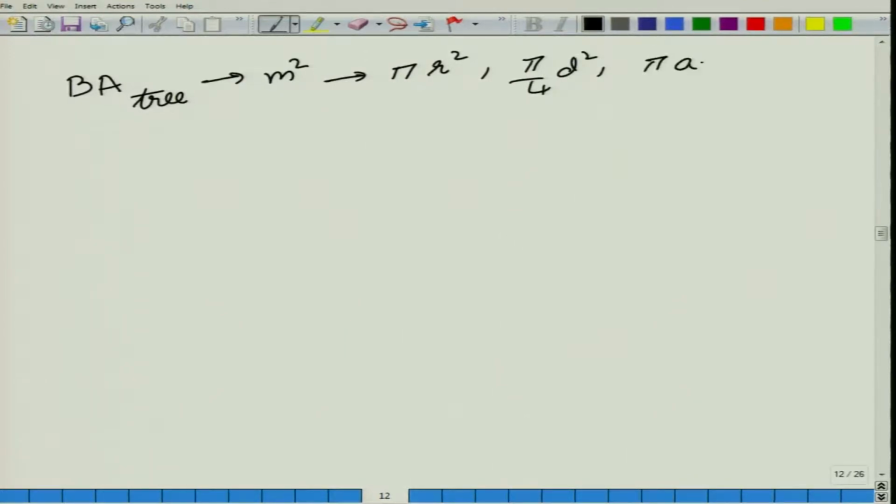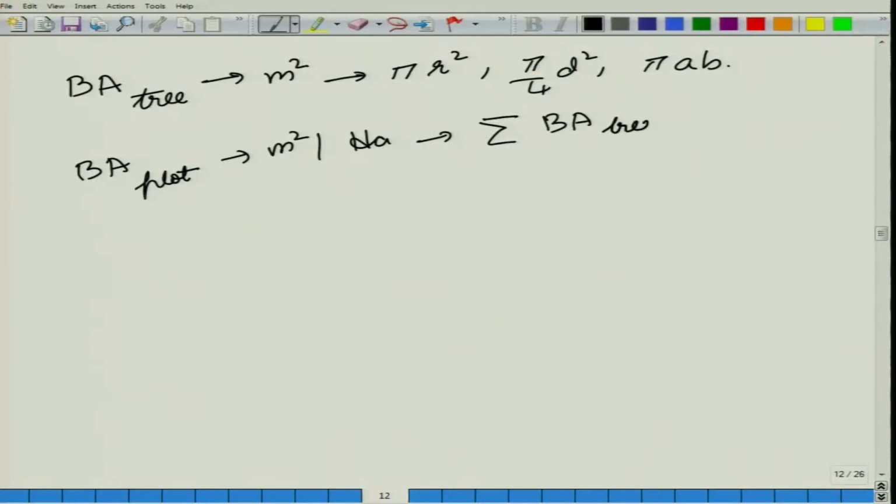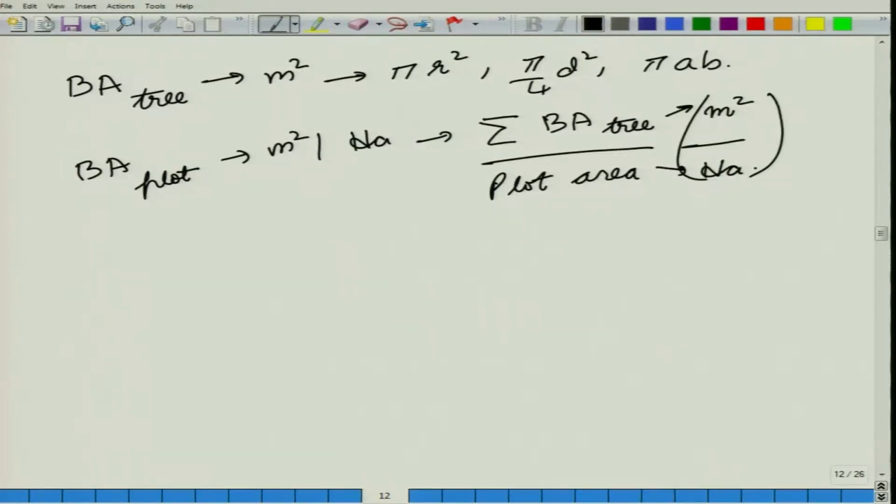Basal area of a plot is given in square meters per hectare, and it is the sum of the basal area of all the trees divided by the plot area. Now this figure is given in square meters, this figure is given in hectares. So which is why we get to this unit of square meters per hectare.